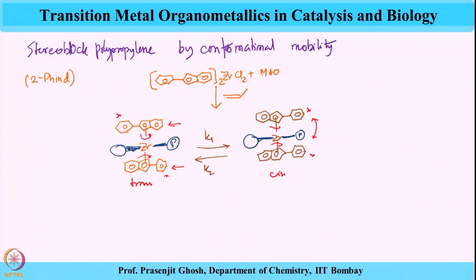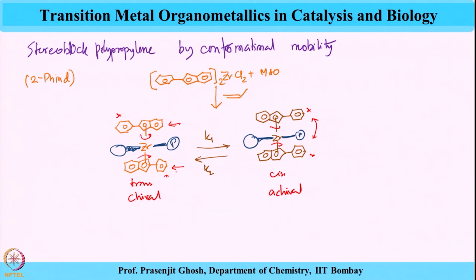Now, what is important over here is to note that when one goes from cis to trans, the symmetry of the complex changes to the extent that this one remains C2 symmetric chiral and this one becomes achiral, and since there is no ansa bridging ligand between the two zirconocene ligands, this free rotation is very much possible.